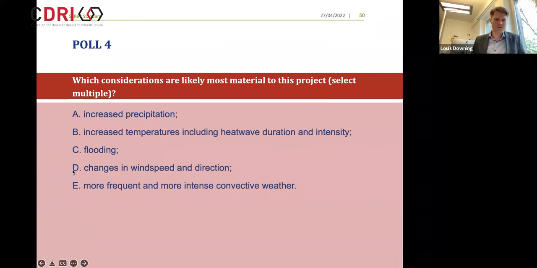I've got a couple of examples here: increased precipitation, increased temperature, including heat wave duration and intensity, flooding, changes in wind speed and direction, more frequent and more intense convective weather.